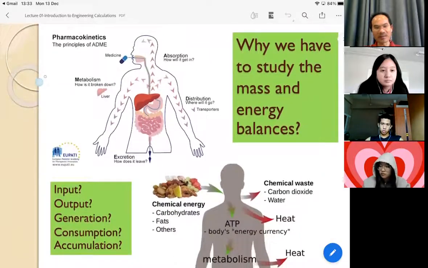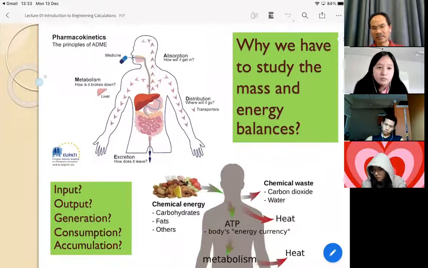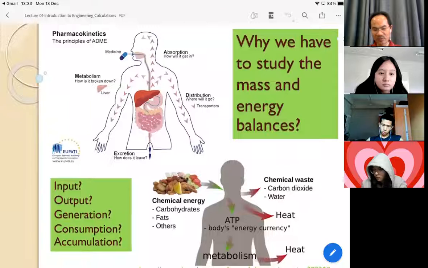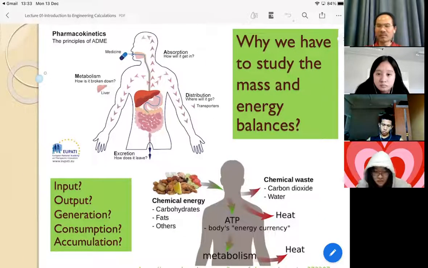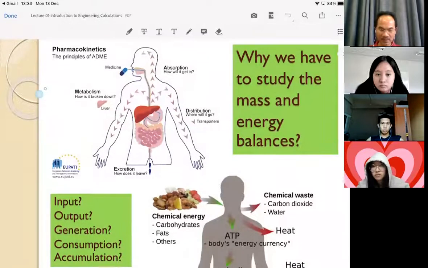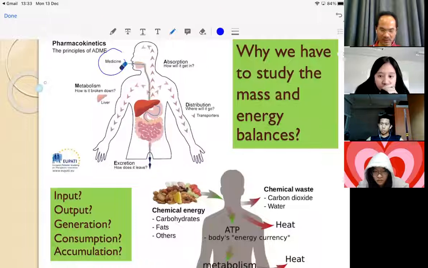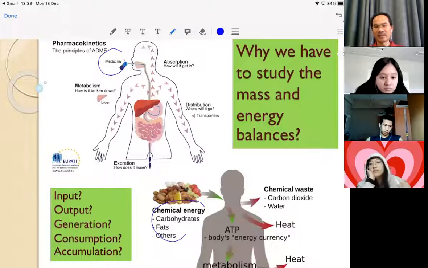In a human body or animal body or microorganism also. For this case, I talk to you if you eat some medicine. If you get some medicine, you get some food. Okay.